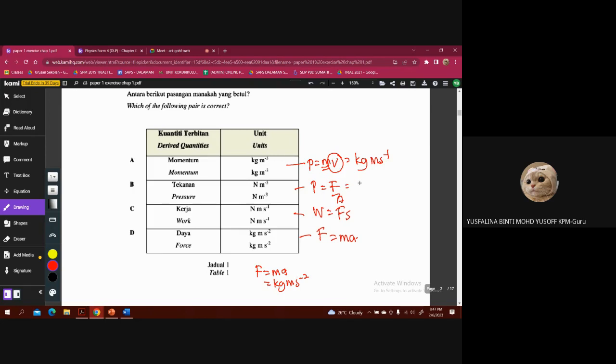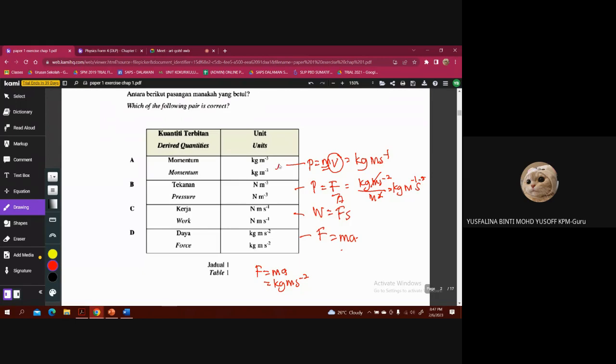So I put here the unit kg m s^-2, then divide by area. Area is length times width, so it is m squared here, so we can cancel it. Then it becomes kg m^-1 s^-2. But this one they give you the unit N m^-3, so this one is wrong, because the m is actually negative 1.